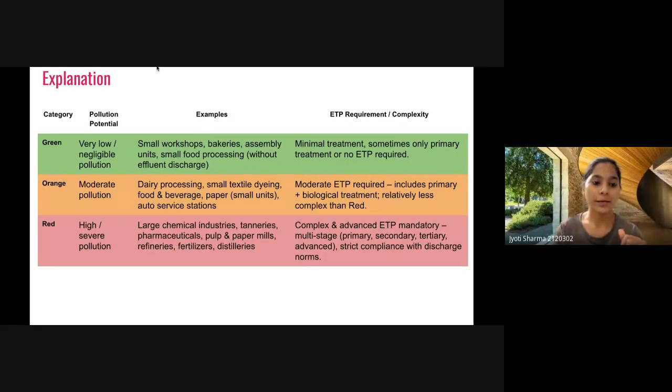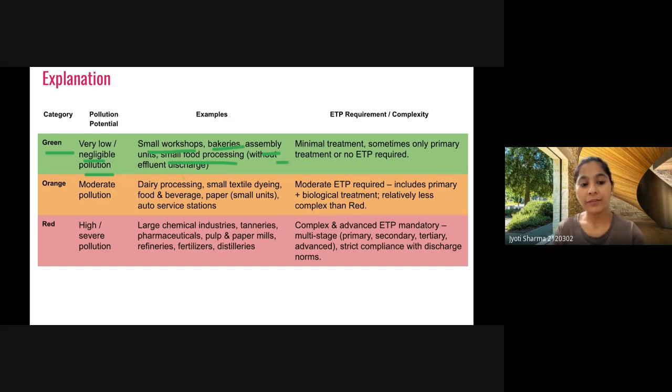Okay, just see here. Whenever we have a green industry, the potential for pollution is negligible or very low. Examples can be small workshops, bakeries, assembly units, small plants, food processes without effluent discharge.